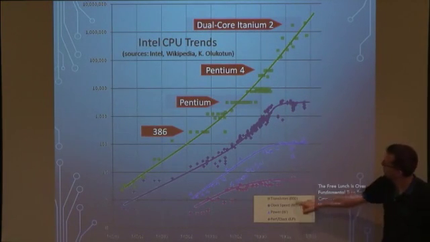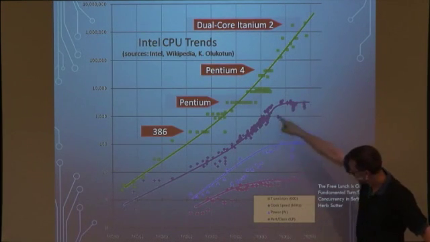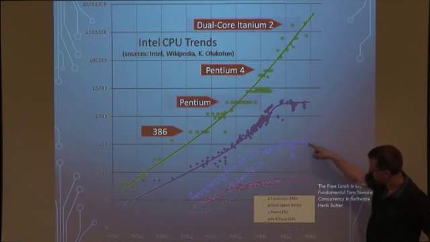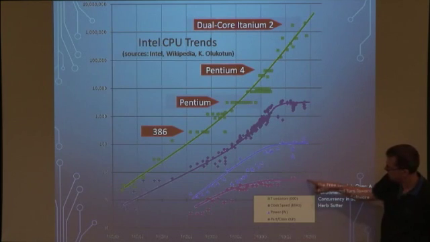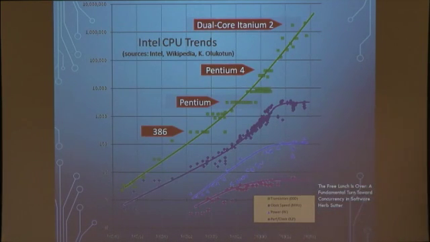These are the four lines: clock speed, transistors, power consumption, and performance per clock. So our free lunch has been over for quite some time now, and we need to learn how to use all the cores that are given to us.